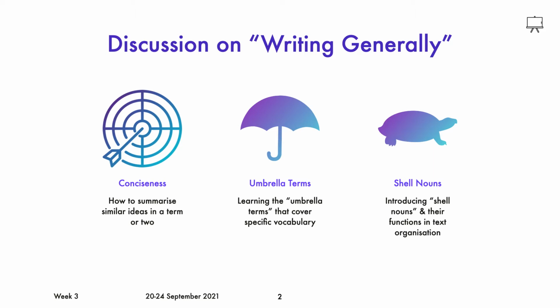For example, when we have buses, taxis, private cars, and so on, you can summarize these cars into a word, of course, car, or vehicle, V-E-H-I-C-L-E-S. Okay, vehicle.